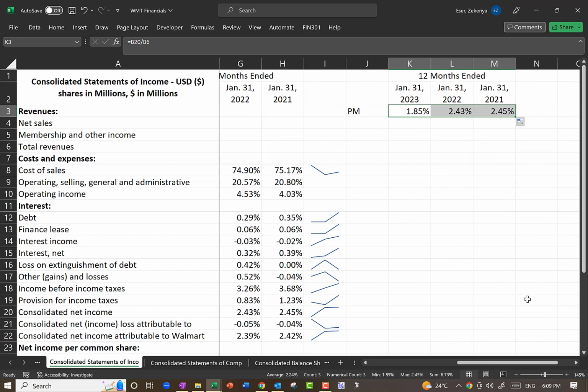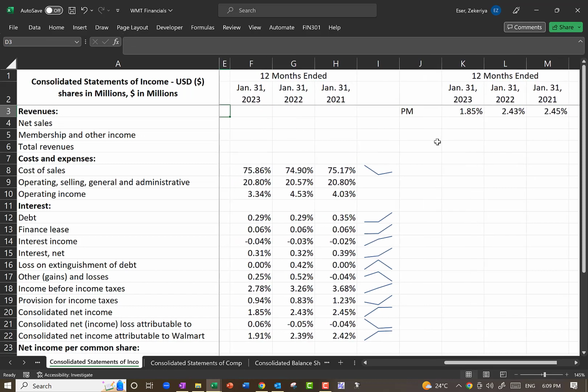So looking at the numbers, it actually has been going down. In 2021, for each $100 of sales, they kept about $2.45 as net income. It was the same in 2022, but in 2023, it kind of came down.